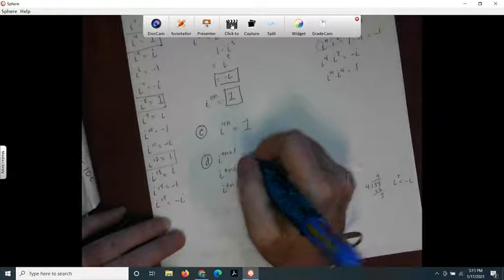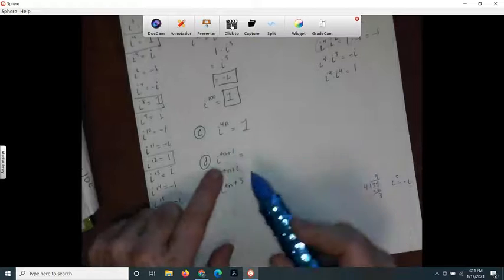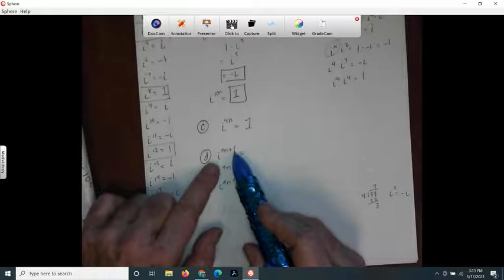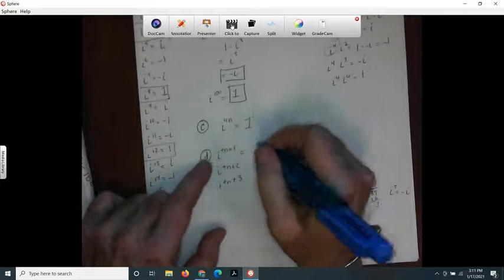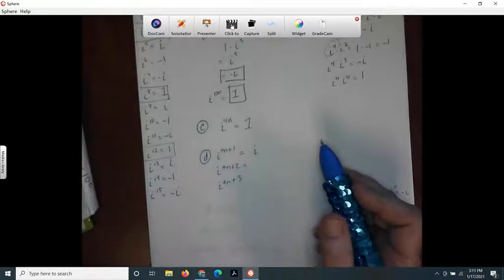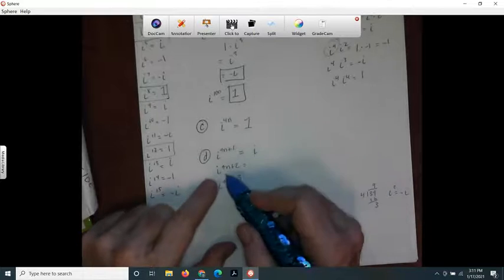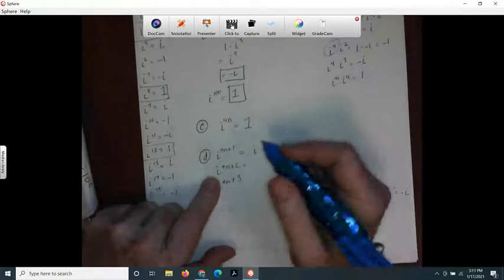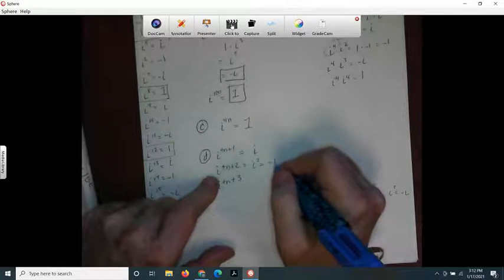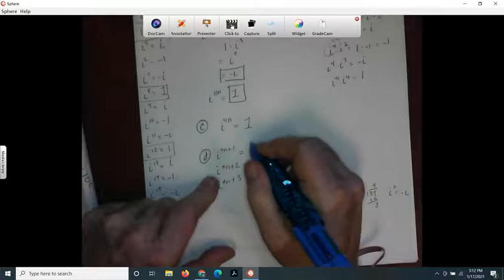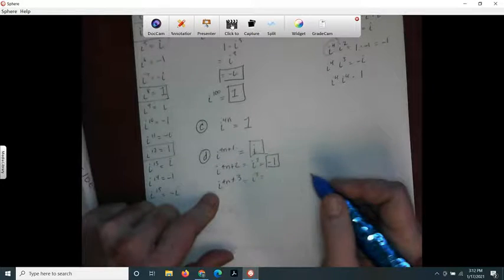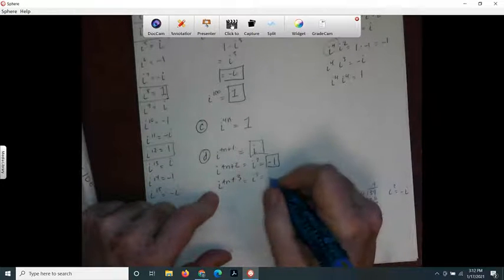This one's just going to be, because the 4n part ends up being 1, and then 1 times i squared would be i squared. But i squared, we can say i squared is negative 1. And then this one's going to end up being i cubed. But i cubed is negative i. And if you want to, I've seen kids before write this little pattern on their cheat sheet. You can do that.